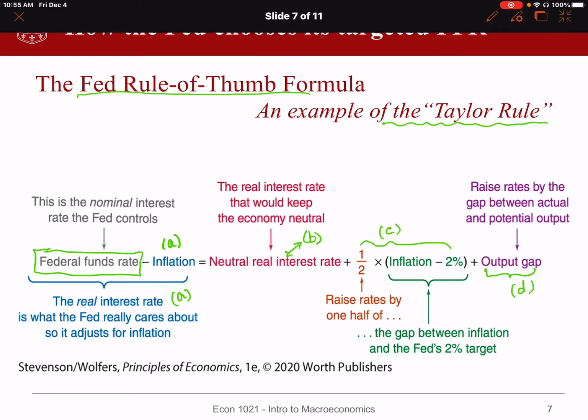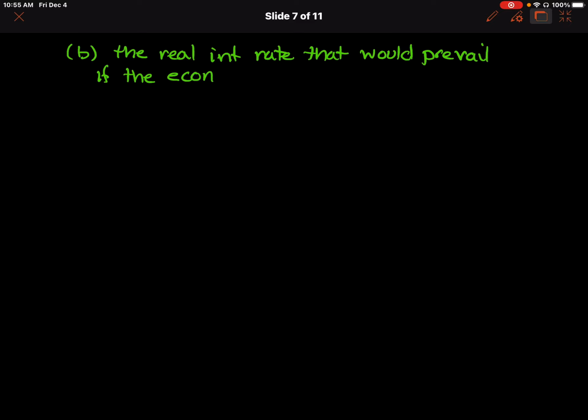So the second thing that the Fed does take into account is the real interest rate that would prevail if the economy is operating at its maximum sustainable capacity.